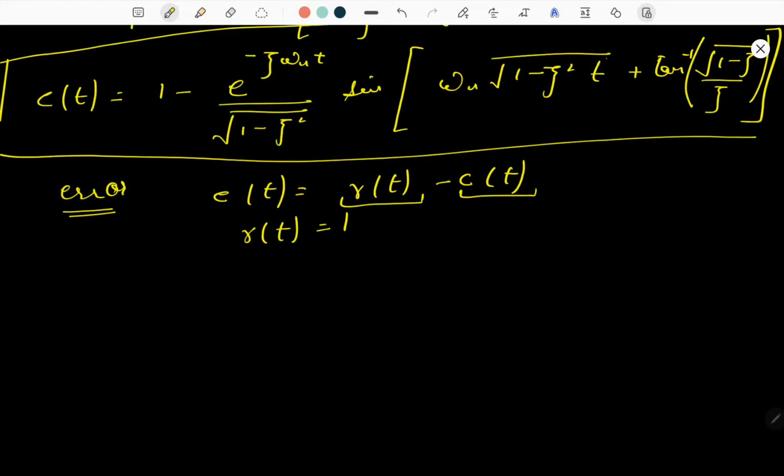So after solving we will get e(t) as e to the power minus zeta omega n t.